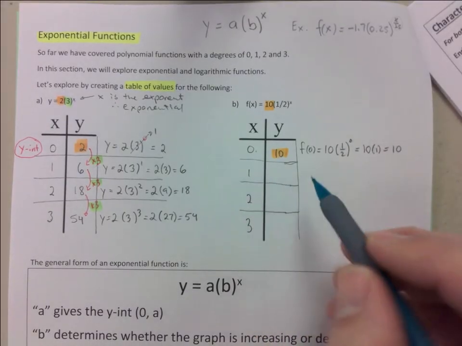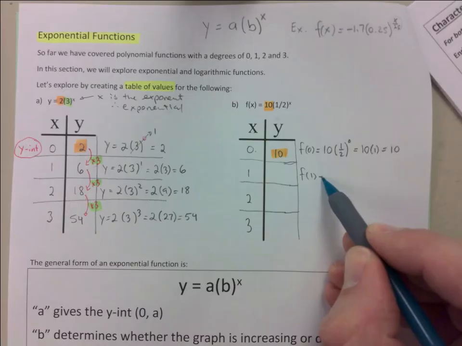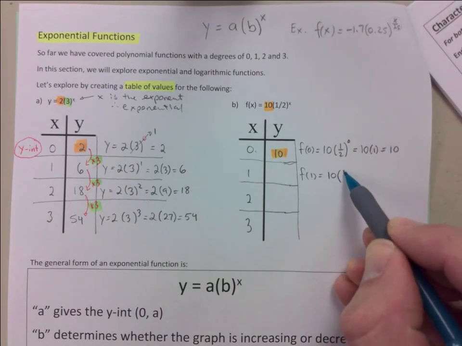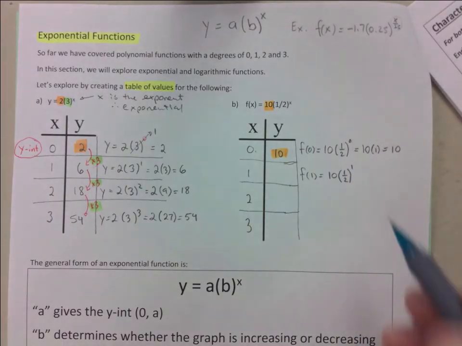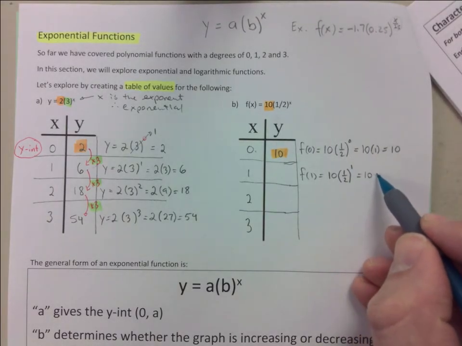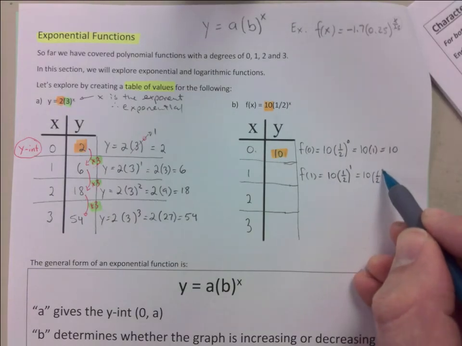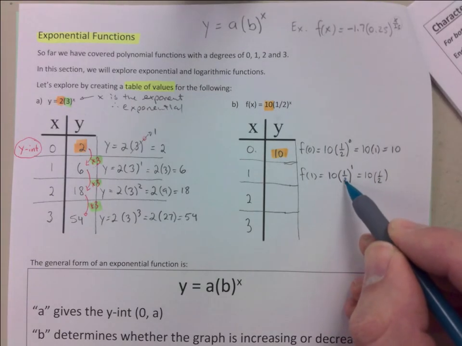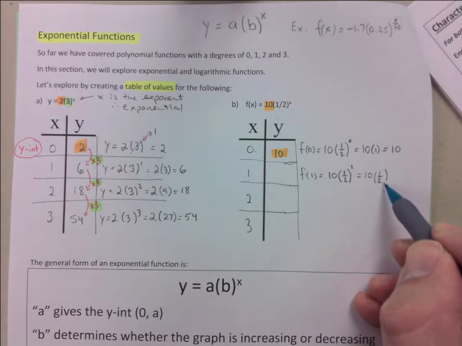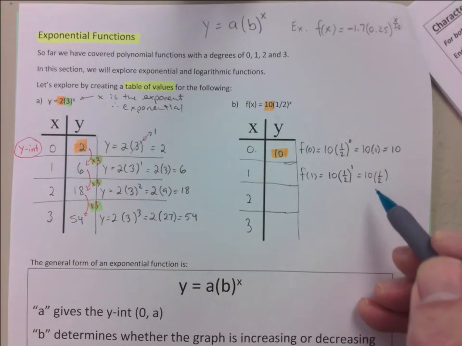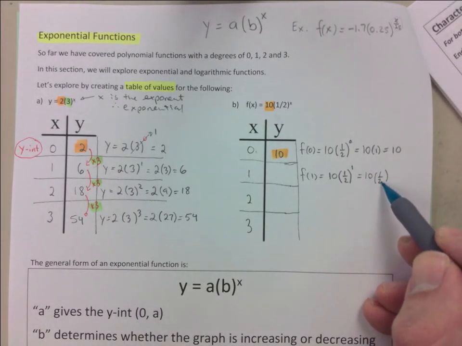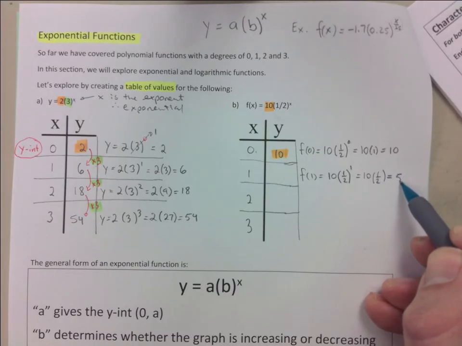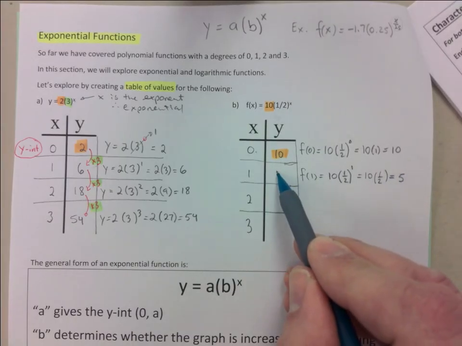When x is equal to 1, f of 1 is 10 times half to the power of 1, because half to the power of 1 is just half. So then you go 10 times half, or basically 10 divided by 2 is just 5, right? So we're going to put 5 here.